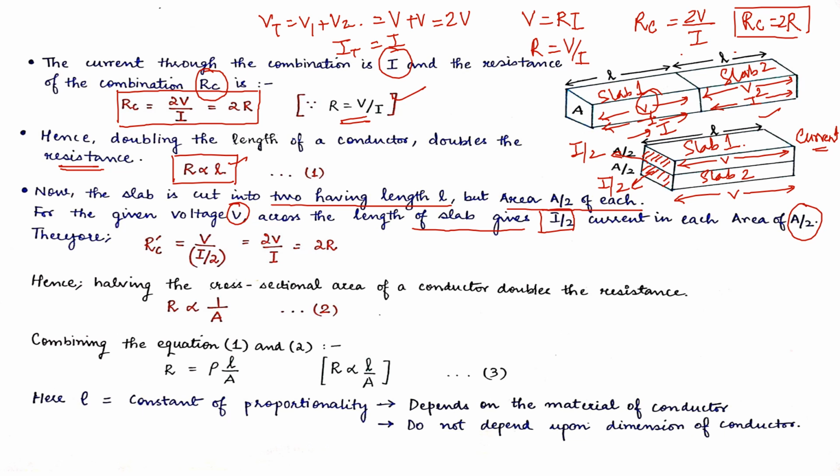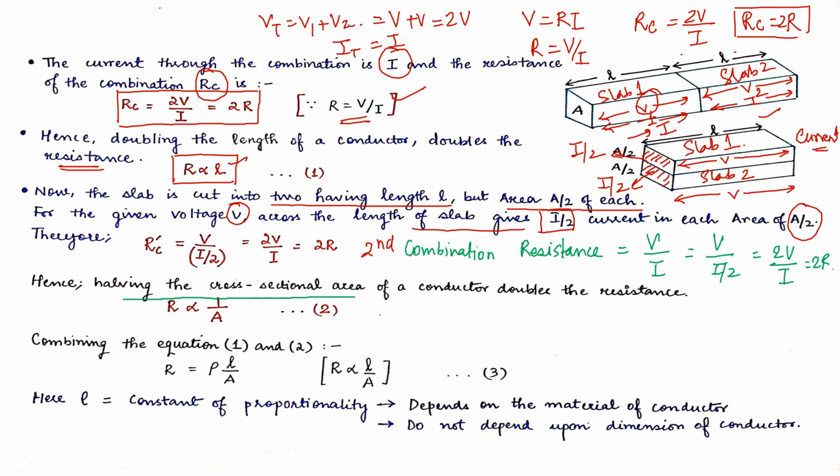Therefore, the second combination's resistance equals voltage upon current. Voltage is V and current is I upon 2. It will be 2V upon I, which will give us 2R. Again twice. Therefore, if we decrease the area, resistance will increase.